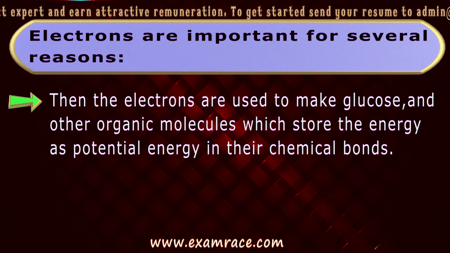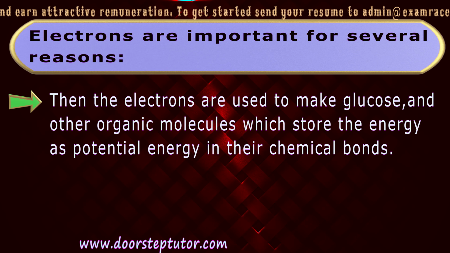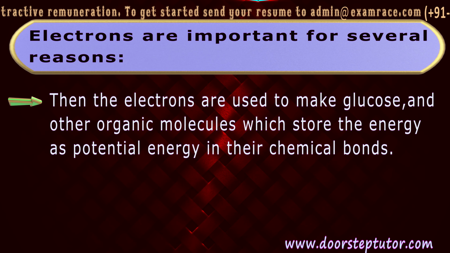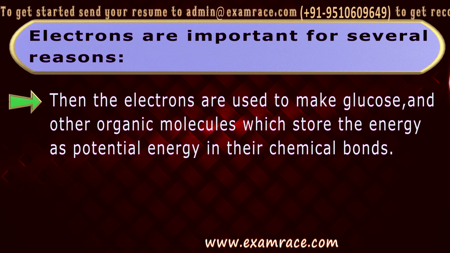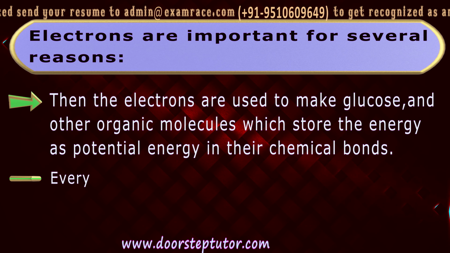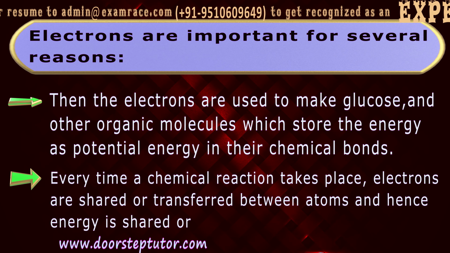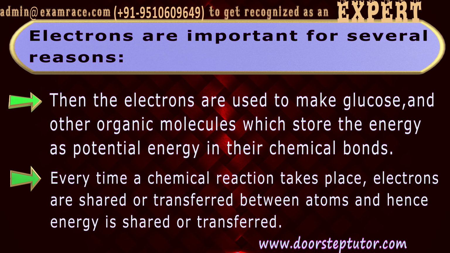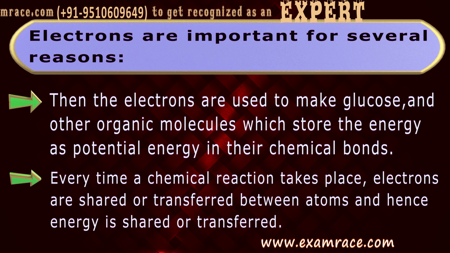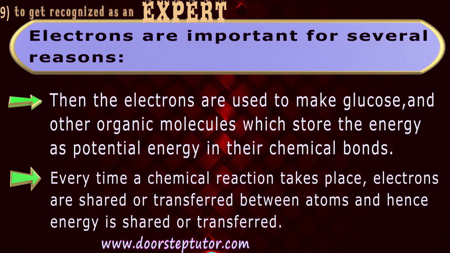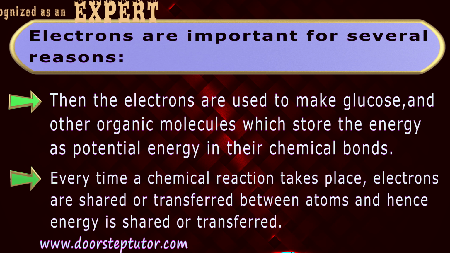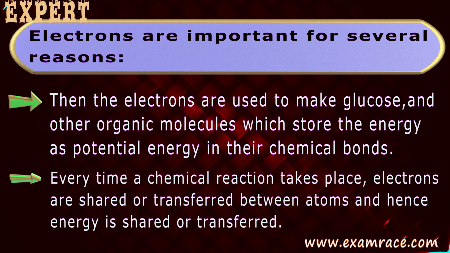So this is the next significance of the electron, that it can store energy also. Okay, and every time a chemical reaction takes place, electrons are shared and transferred between atoms, and hence this energy is shared or transferred. So while transferring the electrons, the energy is also shared or transferred.